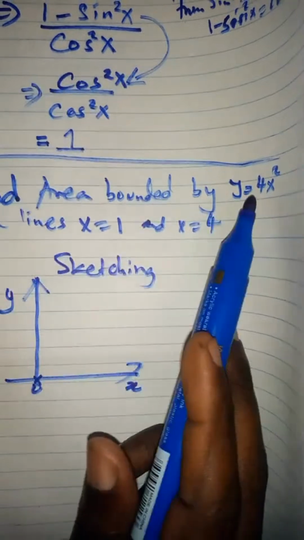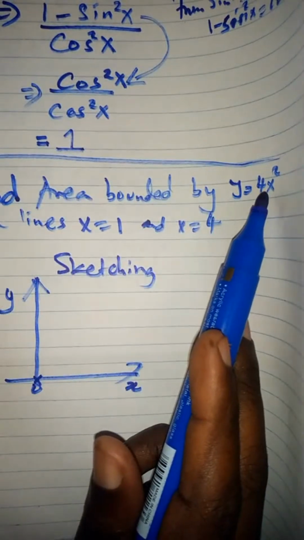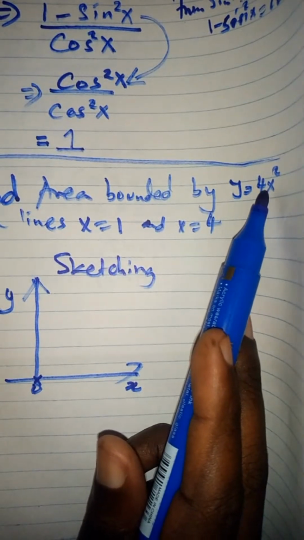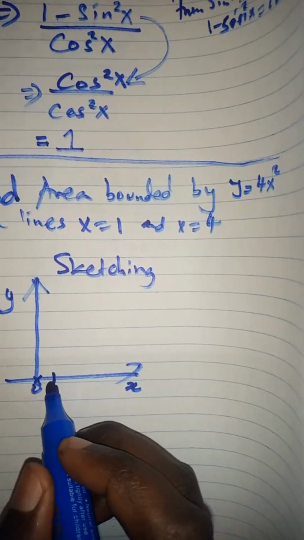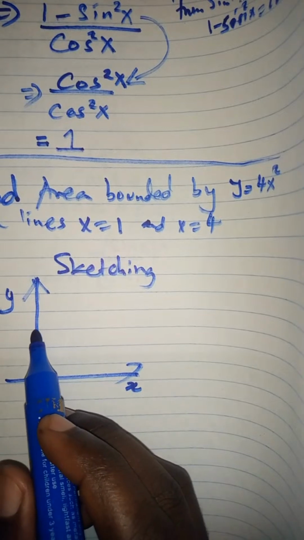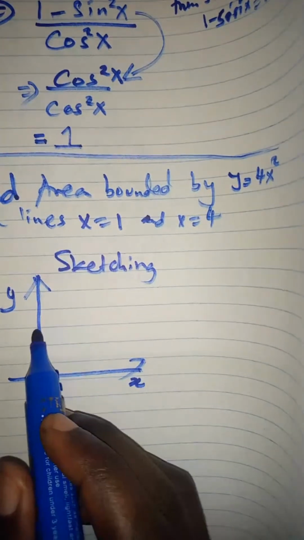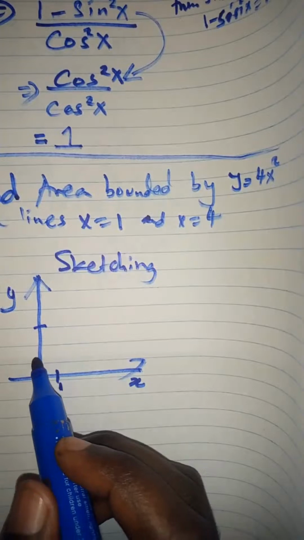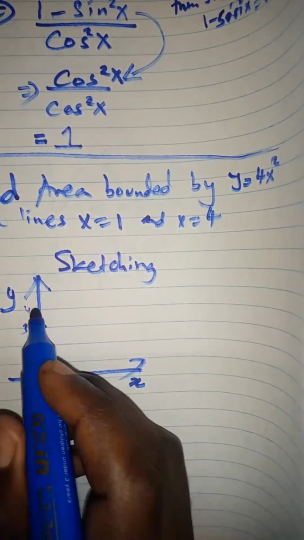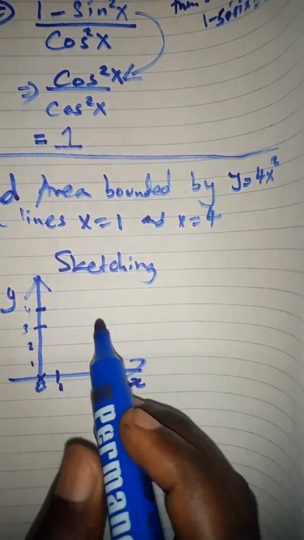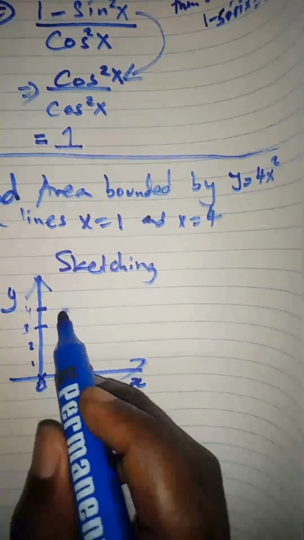When x is 1, if you square 1 it is just 1. So let me see, then my y, let's say this is 1, 2, 3, 4. That is where that curve is.